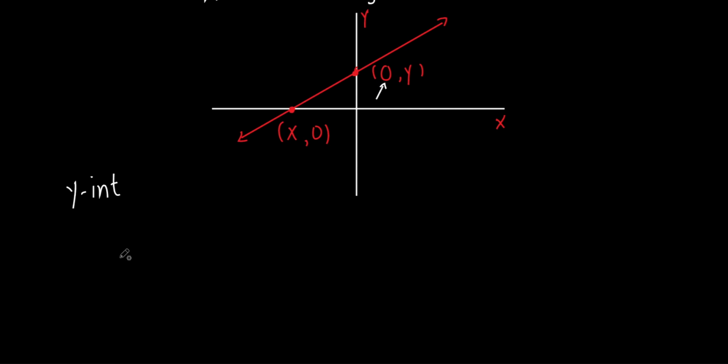So I'll show you how we're going to use this in a second, but let's just write this down. In order to find the y-intercept, we are going to set x equal to 0. Everybody see that? Because anywhere on here, if I put a point right there, what's the ordered pair? It's 0 something, right? Whatever it is, we'll just call it y.